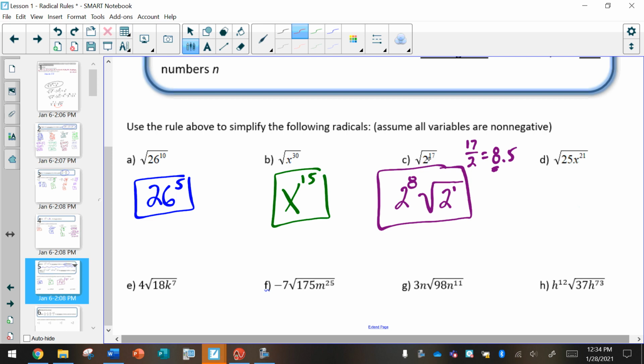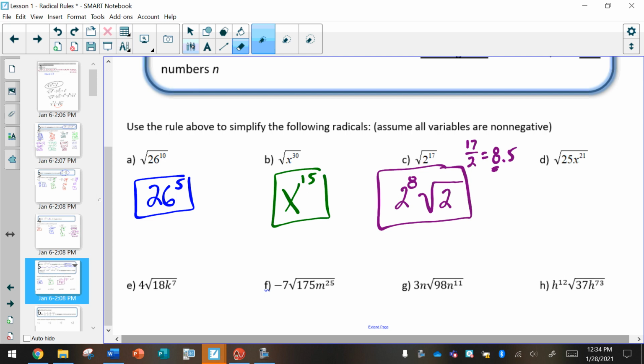So whatever happens to be inside the radical, in this case it's a 2, not an x, when I do the exponent divided by 2, the number in front of the decimal is the exponent I use out front. The 0.5 that's left over always leaves one of those values in the radical. In this case, it's 2.